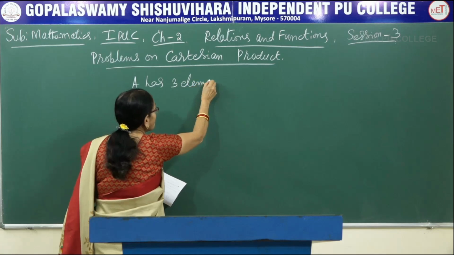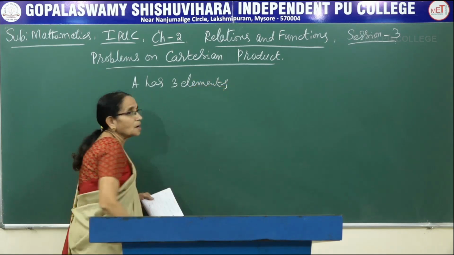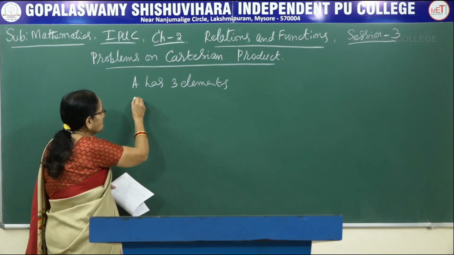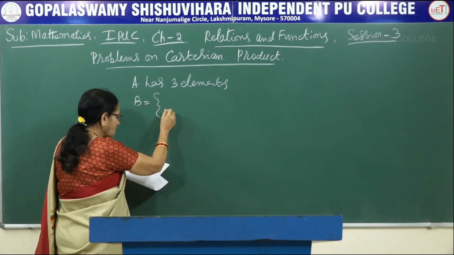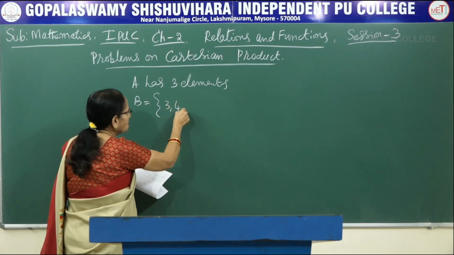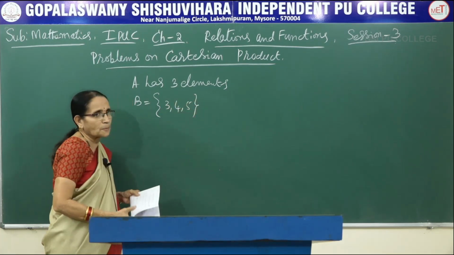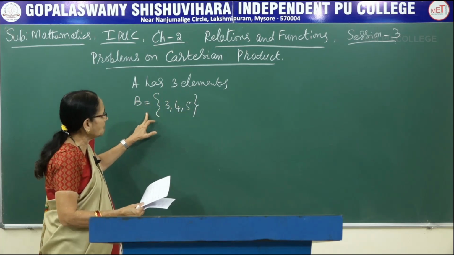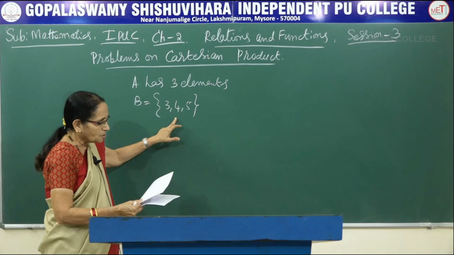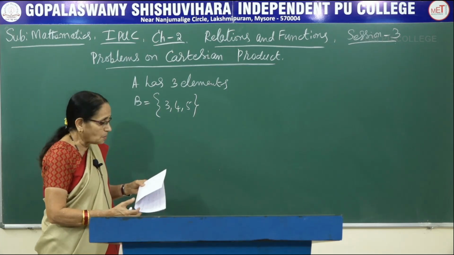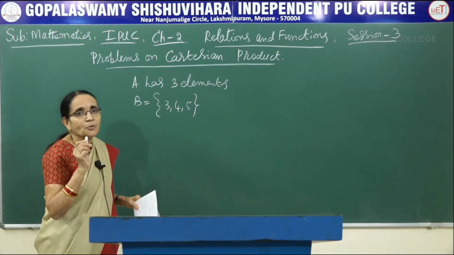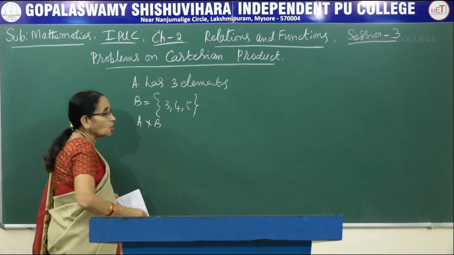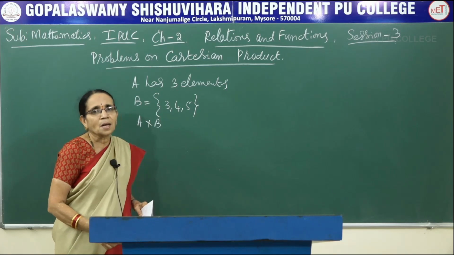A set A has 3 elements and the set B is containing the elements 3, 4, 5. Our problem is, find the number of elements in A cross B. How many elements would be present in A cross B?